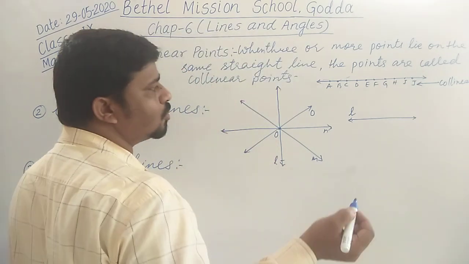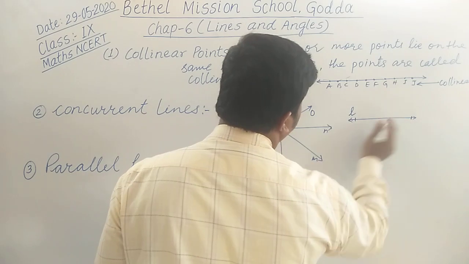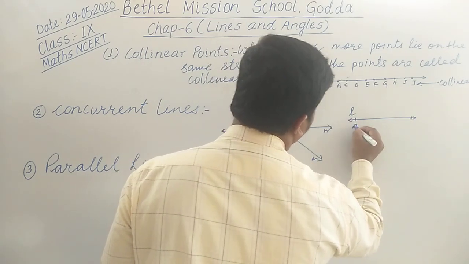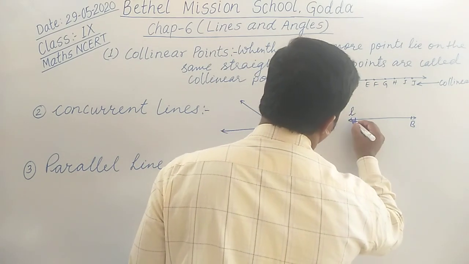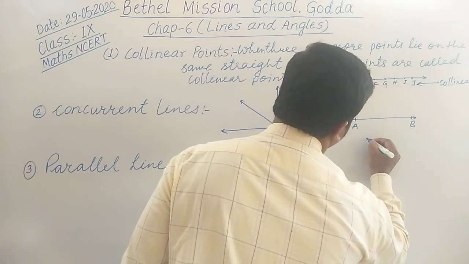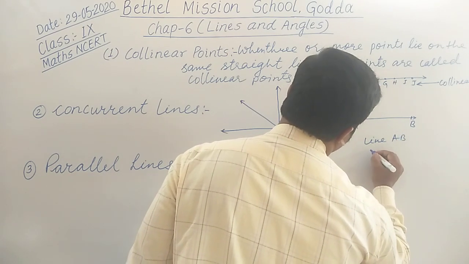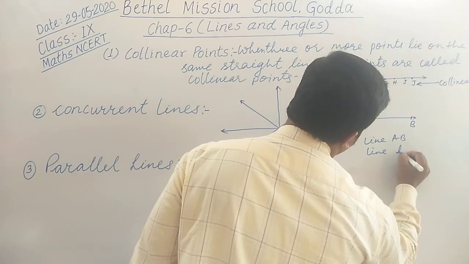But when you want to use two letters, we take 2 points on it and write capital letters. So there are two ways to name lines: line AB, and line l.